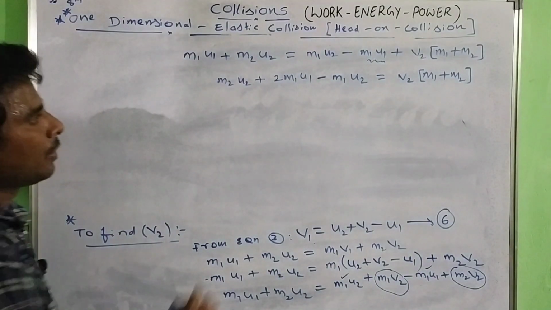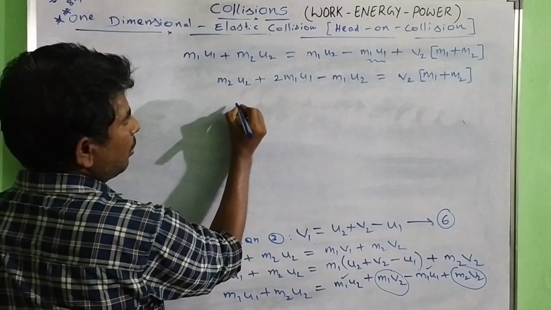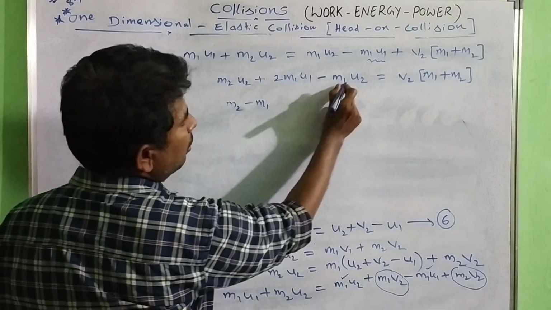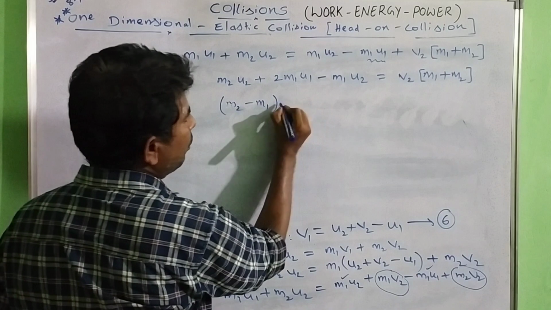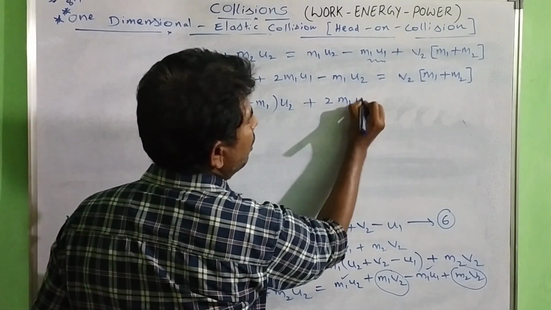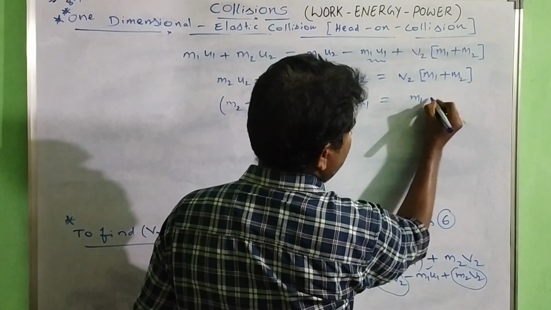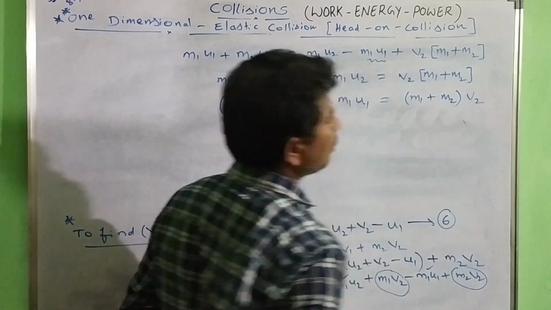Here u2 is common, so m2 minus m1 into u2 plus 2 m1 u1 equals m1 plus m2 into v2.